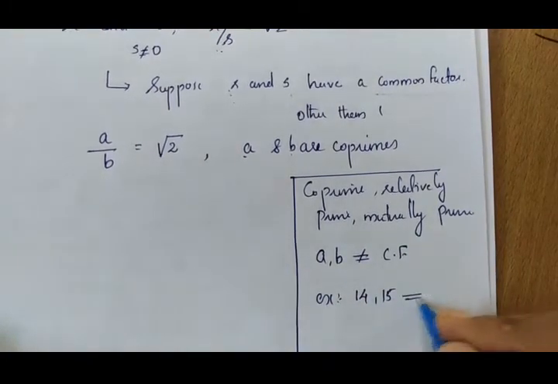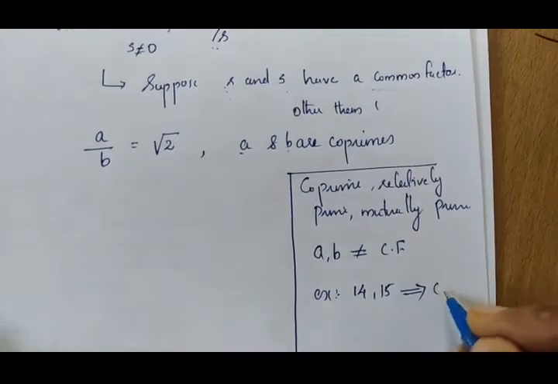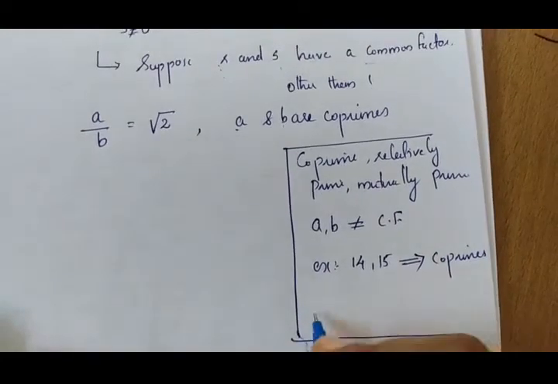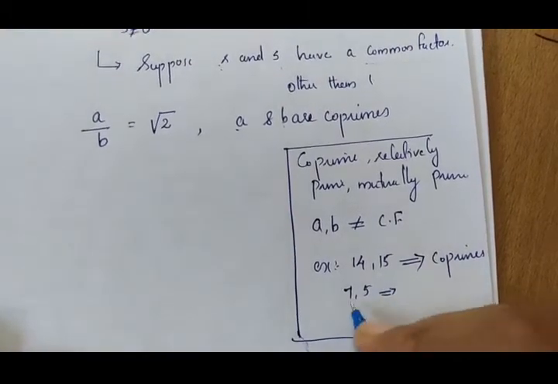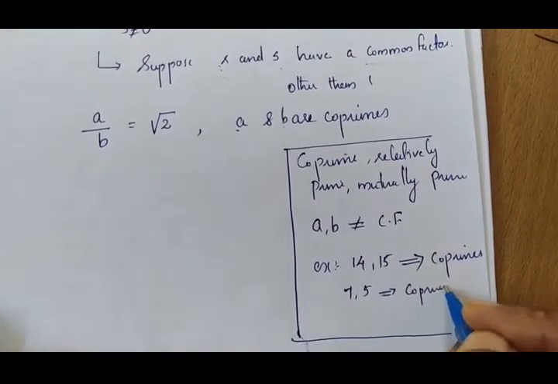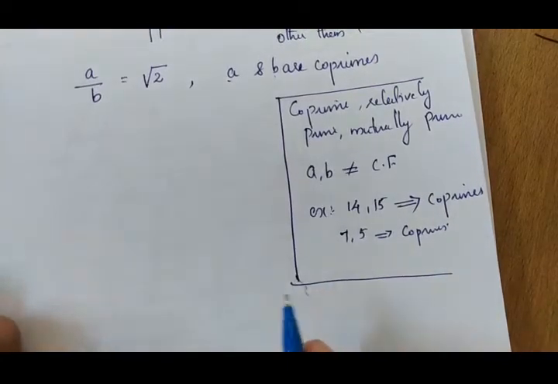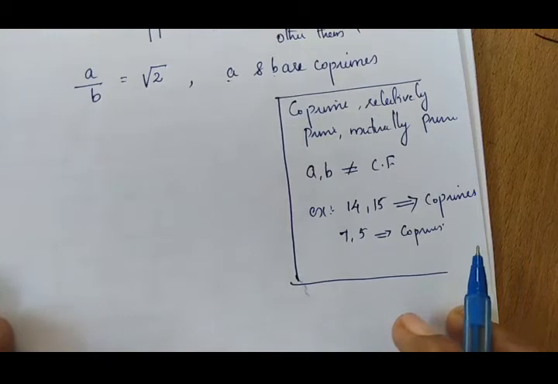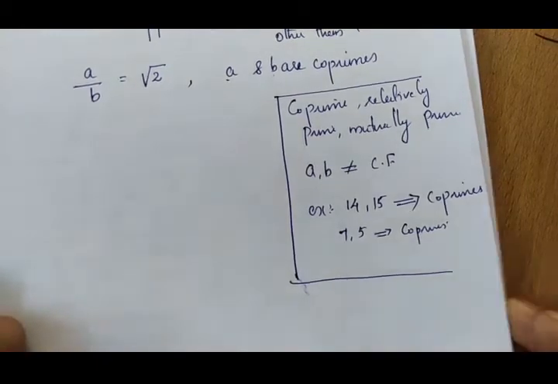They do not have a common factor other than 1. So these are co-primes. Another example is 7 and 5. These do not have a common factor, so these are co-primes. Consider other two numbers which are 5 and 10. 5 and 10 are not co-primes because they have common factors 5 and 5. So 5 and 10 are not co-primes.